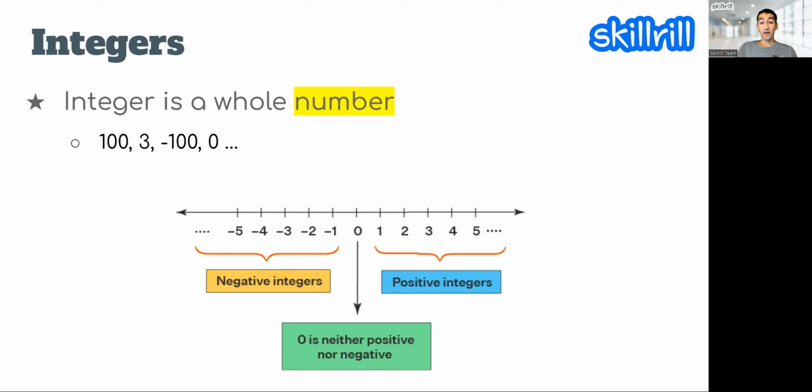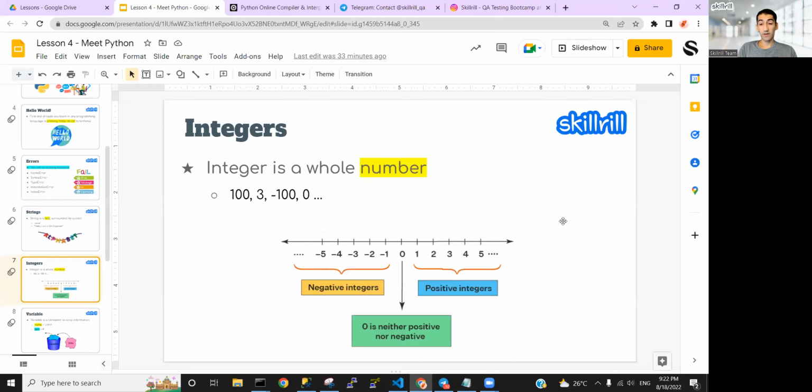So now we're clear what a string is and what strings look like, and what integers are. These are two simple data types, but there are other data types in Python that we're going to cover in the actual test automation classes, because that wouldn't fit in one lesson.